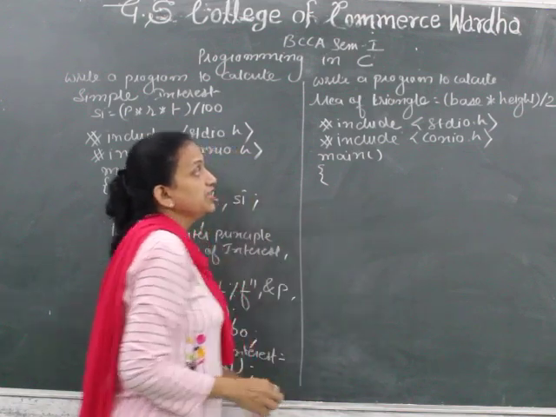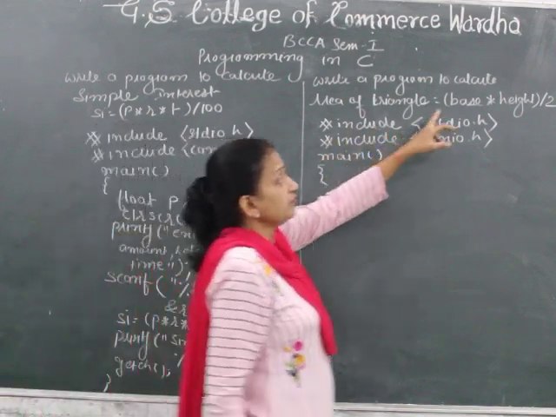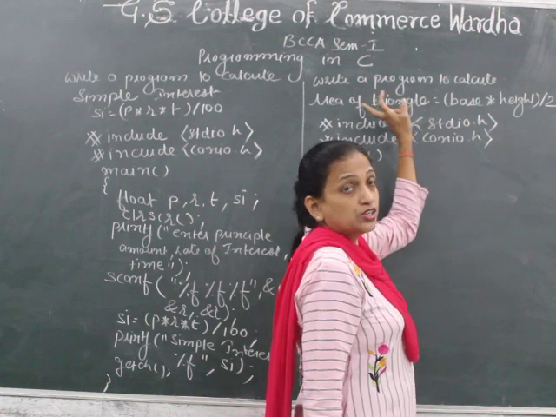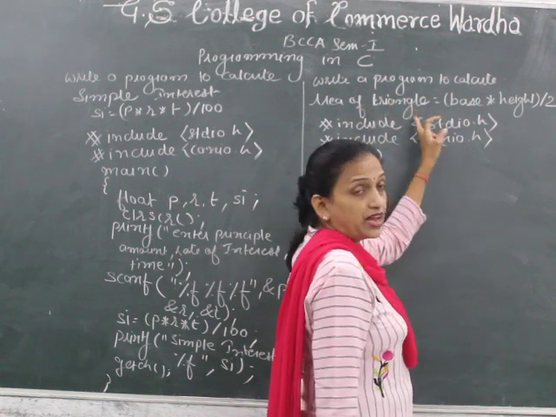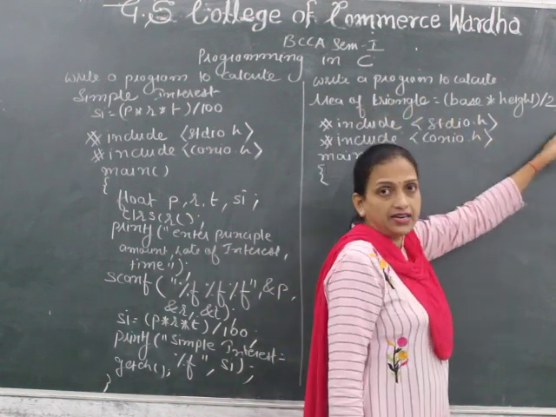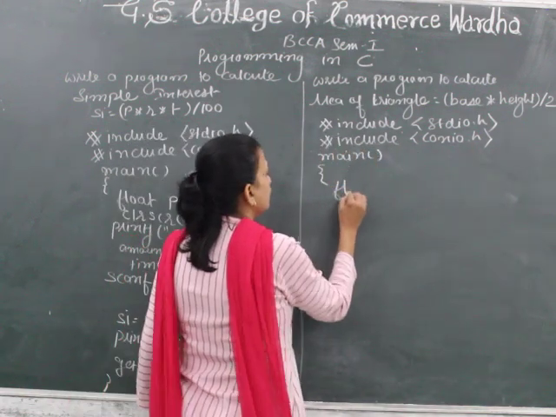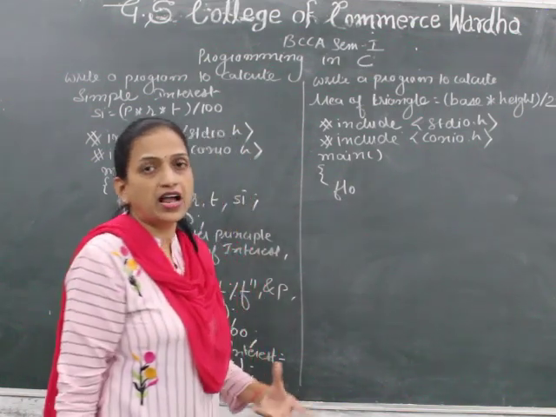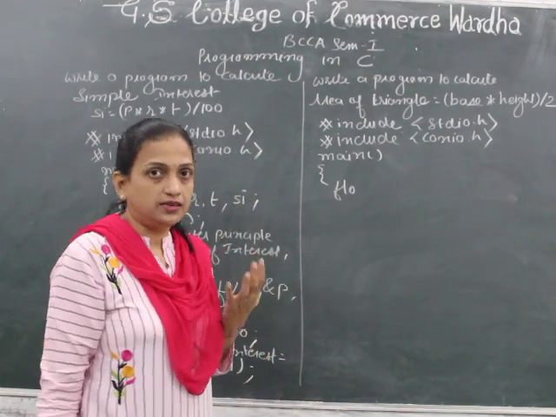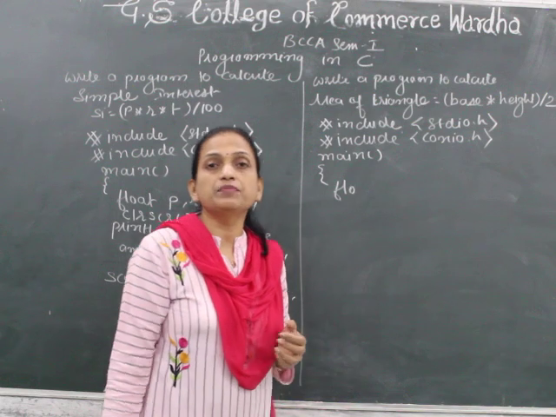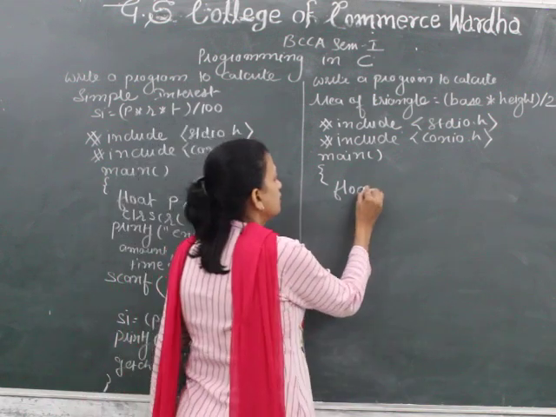Now the declaration. The formula to calculate the area of triangle is base into height divided by 2. Again we are using float, because when we divide the value by 2, the value might come in a precision point. So we are using float here.